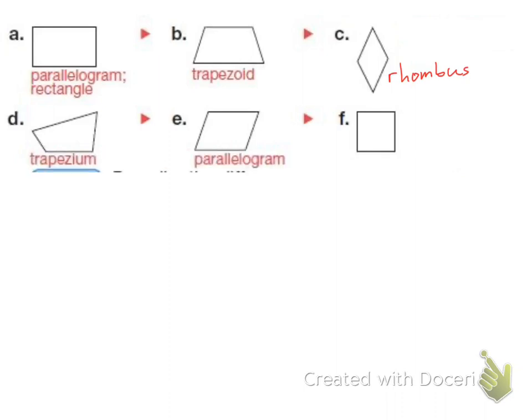E is a parallelogram. And F could be a square. We call this one a square. We could call this a rhombus. Or we could even call it a rectangle. But its most common name is a square.